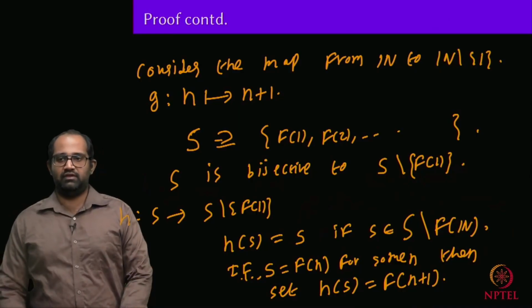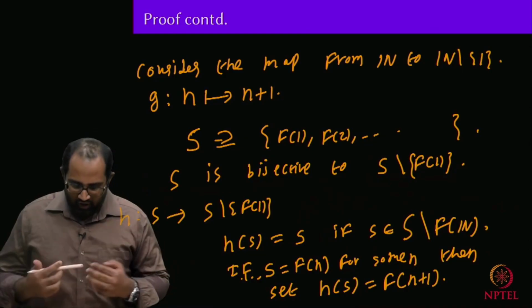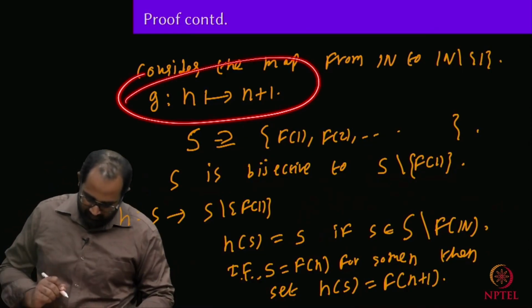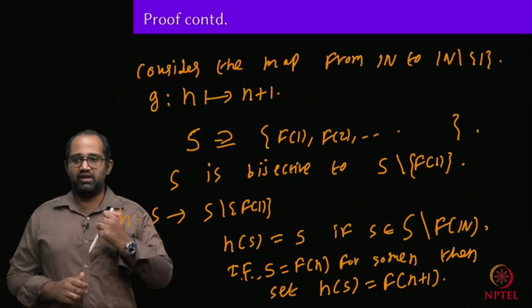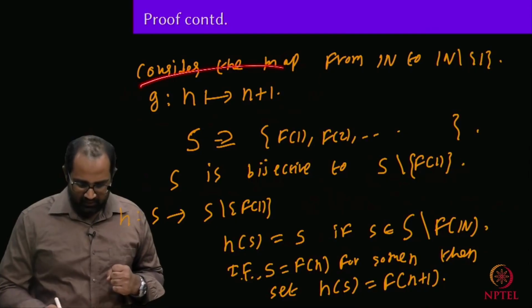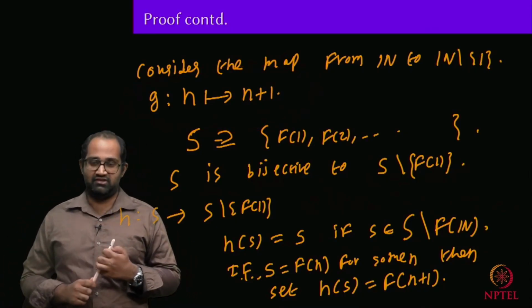The motivation for this should be extremely clear, because we already have the bijection G from N to N minus 1. The motivation for setting h of s equal to f of n plus 1 comes from the fact that G is a bijection.